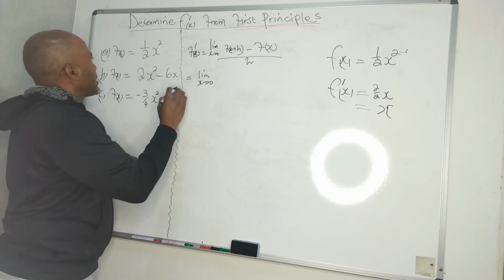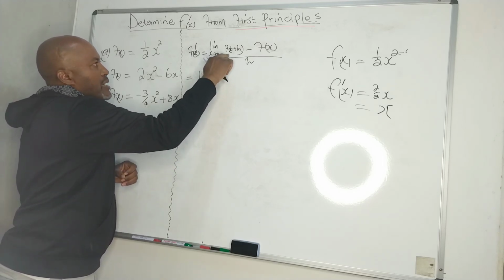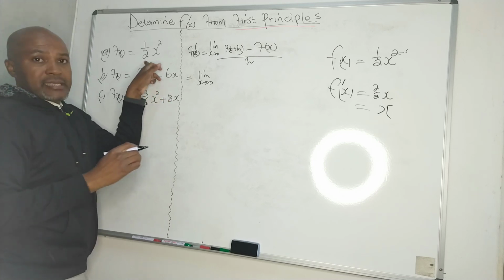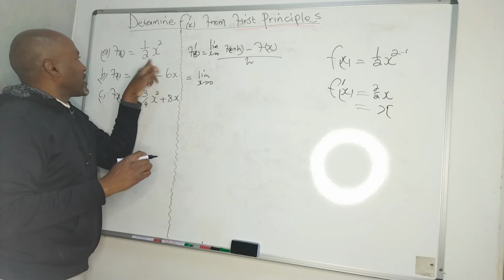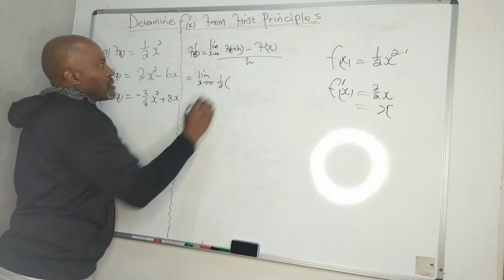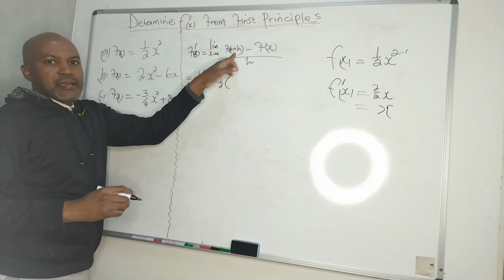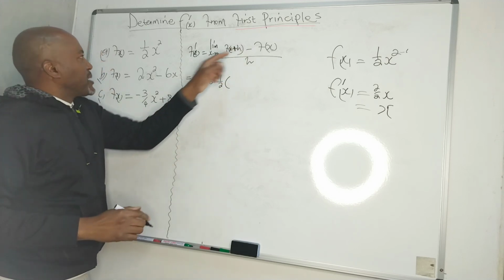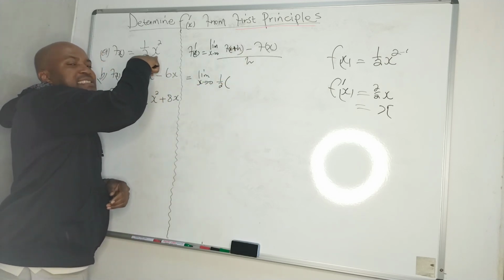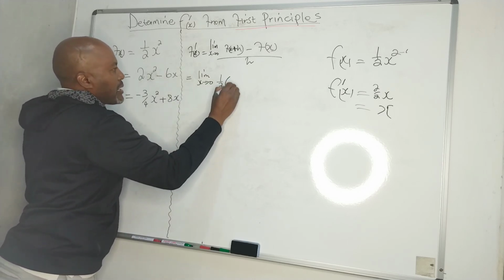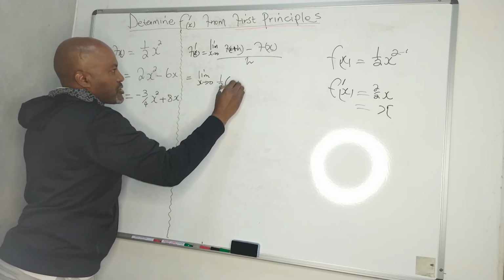Now you need to find out what x plus h is. Then you're going to plug it into this function here. 1 over 2 into, then what is x plus h? x plus h represents x.